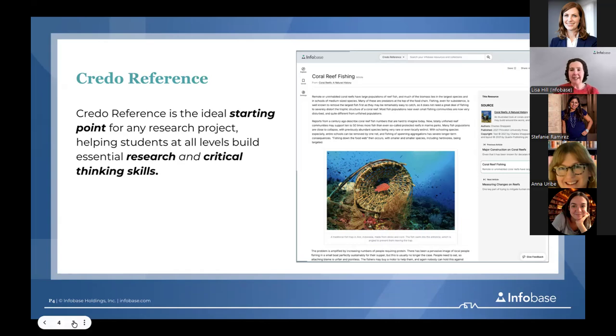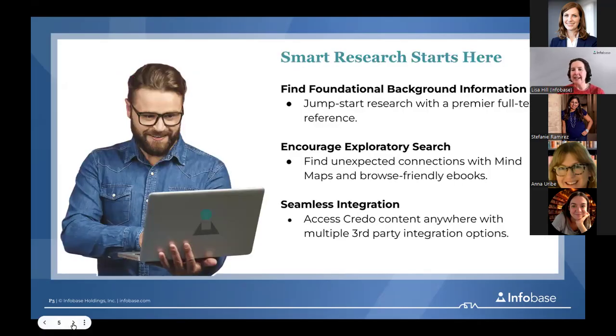All of this really great content helps students, particularly beginning researchers, particularly those students in the first and second years of college when they're trying to get their feet under them and really learn what academic research is all about.